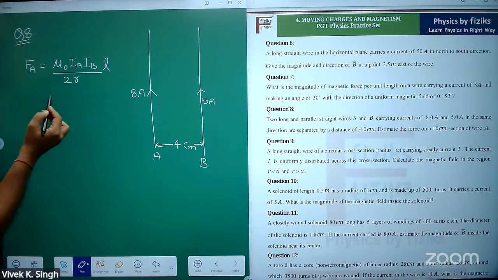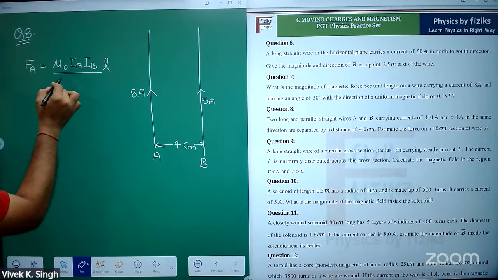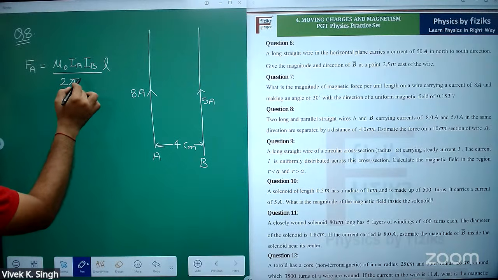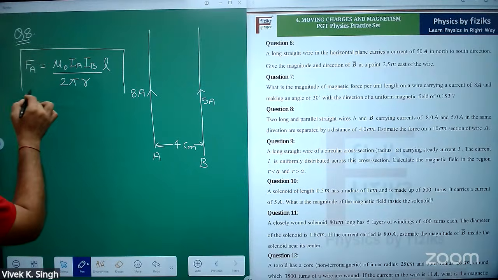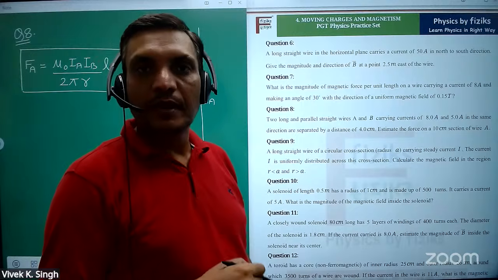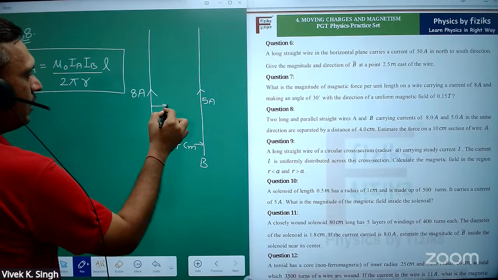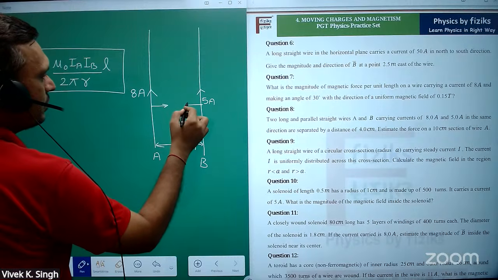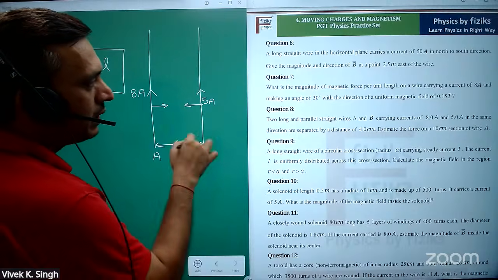And this will be 2 pi also, because it's a case of a wire. And you know that when currents are in the same direction, they will attract each other. When currents are in opposite direction, they will repel each other.